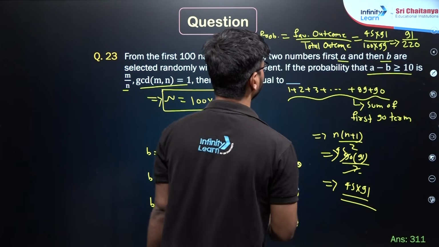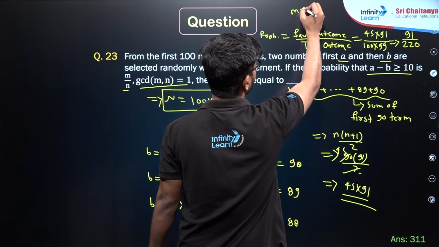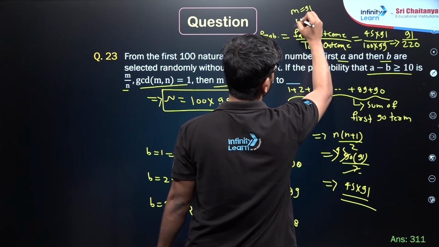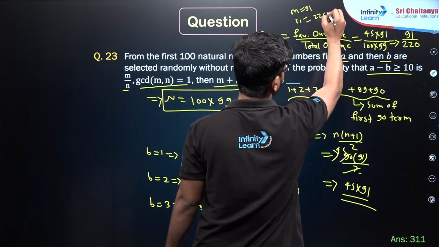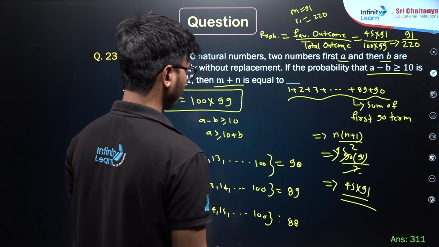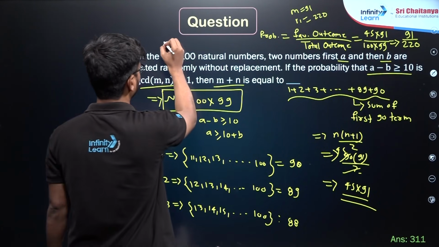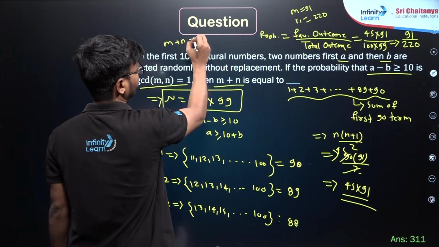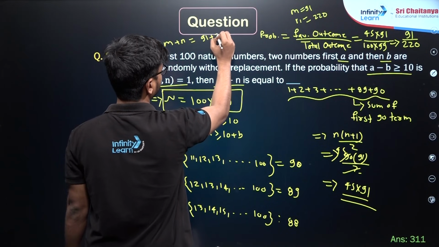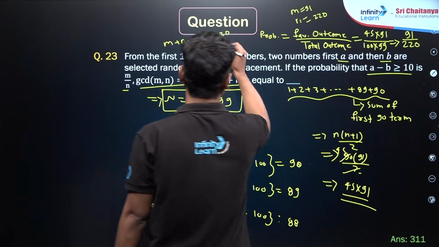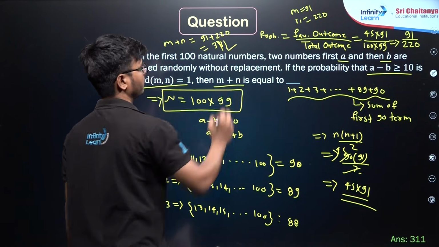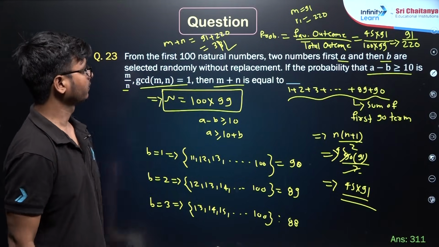Okay, so the value of m is nothing but 91, the value of n is nothing but 220. What they are asking is just m plus n. So when you add m plus n, that is 91 plus 220, it will be 311. Okay.